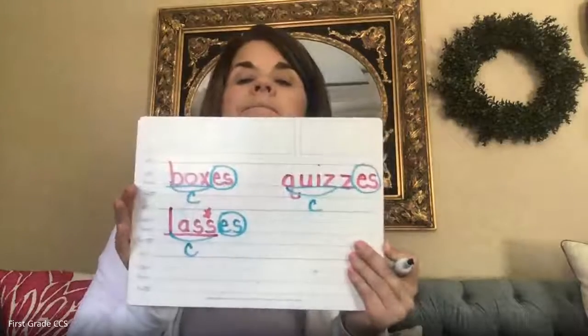And these are all going to be considered one syllable, closed syllable words, because the ES, the suffix, is not considered a syllable. So I'm going to add closed syllable. Right? Okay. Good luck, boys and girls. I know you can do it.